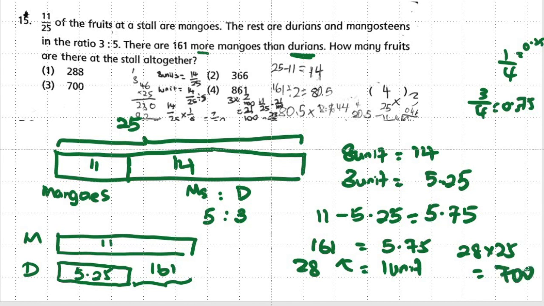You cannot use your calculator here. So I think that you can actually try and do something like 161 divided by 5 3 over 4, or maybe you try to divide the whole number and roughly you will get a figure. It may not be very accurate, but it should be able to point you to this value here.